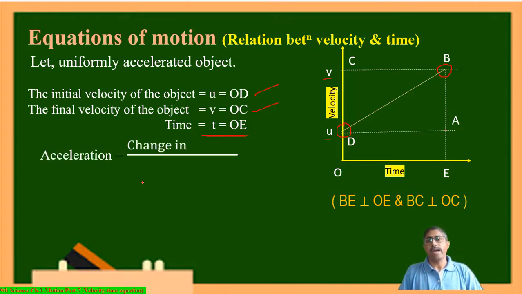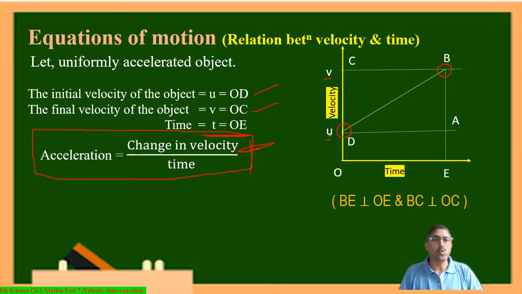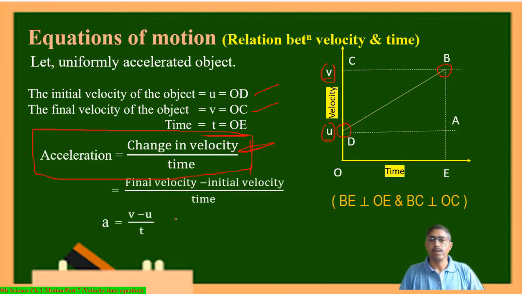Then acceleration is the change in velocity per unit time. We know the formula: acceleration is change in velocity per unit time. What is the change in velocity? It is from u to v, that is initial velocity u and final velocity v. That means the change is v minus u, divided by time t.